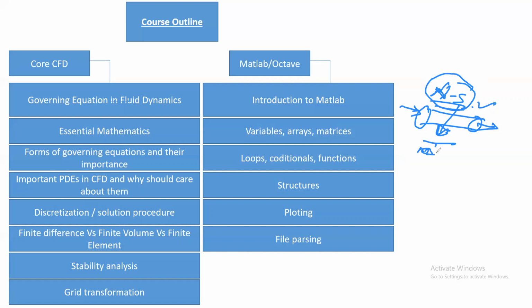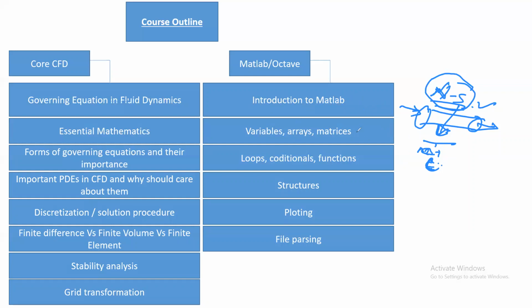Maybe they have written it in C++ or C, an object-oriented language using OOPS concepts, or a procedural language like C. Whatever they have used, any commercial software. But in our course, I'll be focusing on MATLAB.